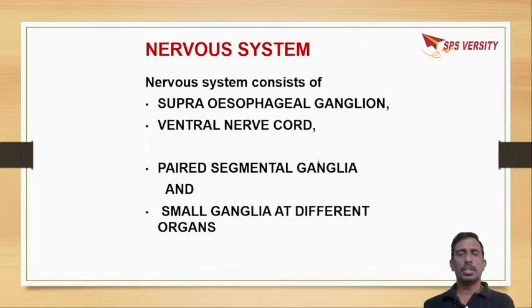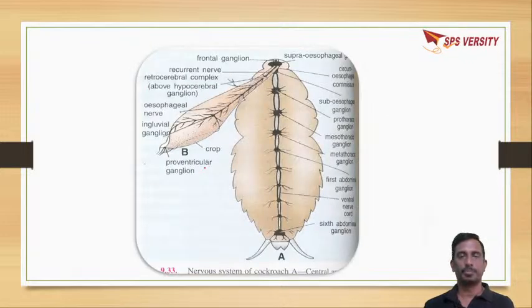And when you come to the nervous system of cockroach, it looks more or less similar to earthworm, but there are slight differences. The nerve ring is present surrounding the esophagus. There is a supraesophageal ganglion and a subesophageal ganglion, and a ventral nerve cord with paired segmental ganglia, which supply nerves to the respective segments.